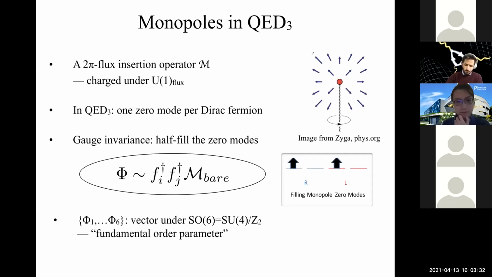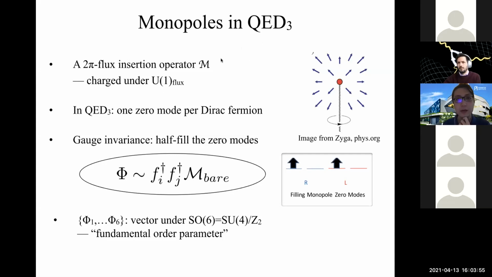And so an important class of objects in this 3D quantum electrodynamics is known as the monopoles. Whenever you have a dynamical U1 gauge field in 2+1 dimensions, they tend to play some important role.